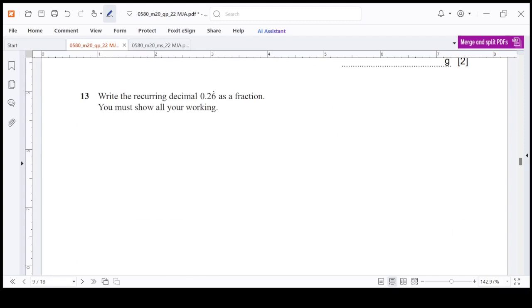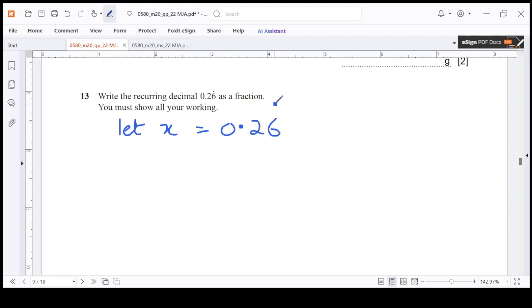Write the recurring decimal 0.266666 as a fraction. You must show all your working. Okay, you can start this question as let x equals 0.26 recurring.